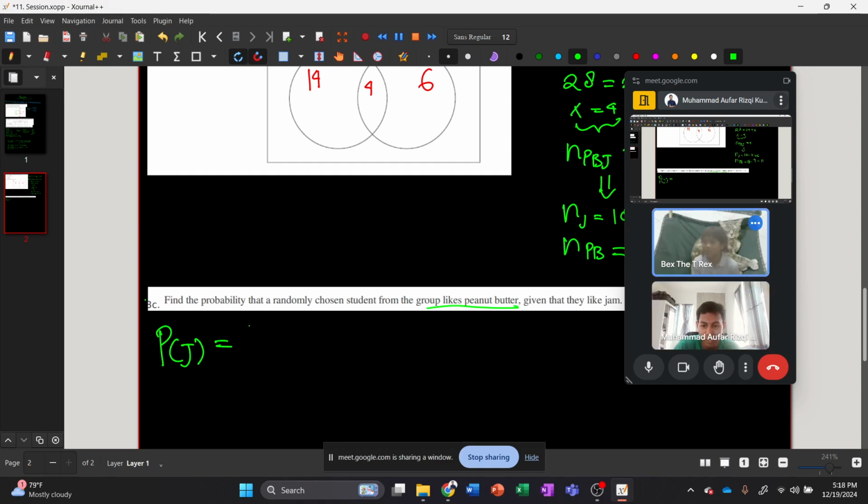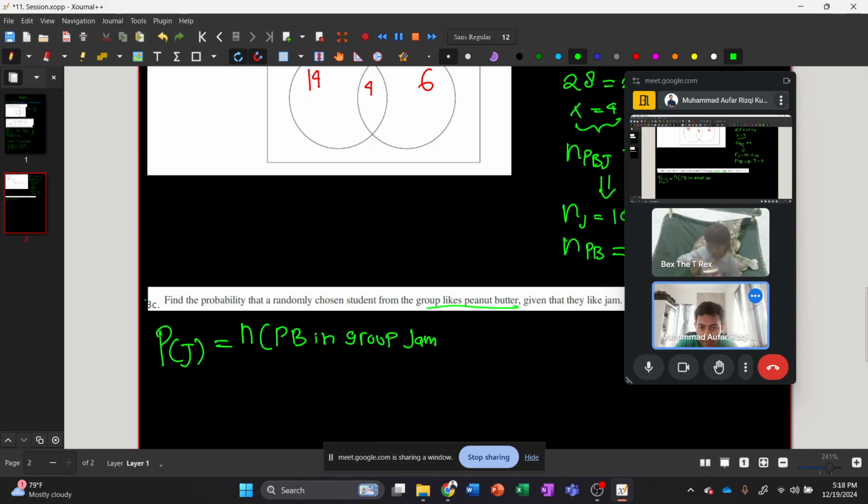Good. So mathematically, it will be the number of people who like peanut butter in the group of jam divided by the number of people in the group of jam.